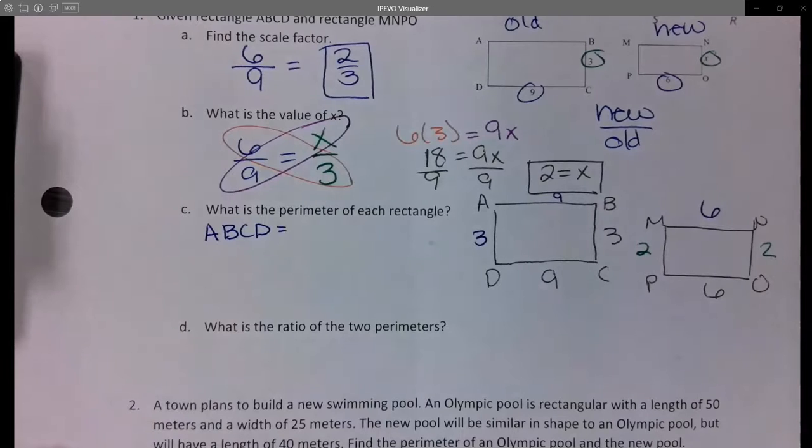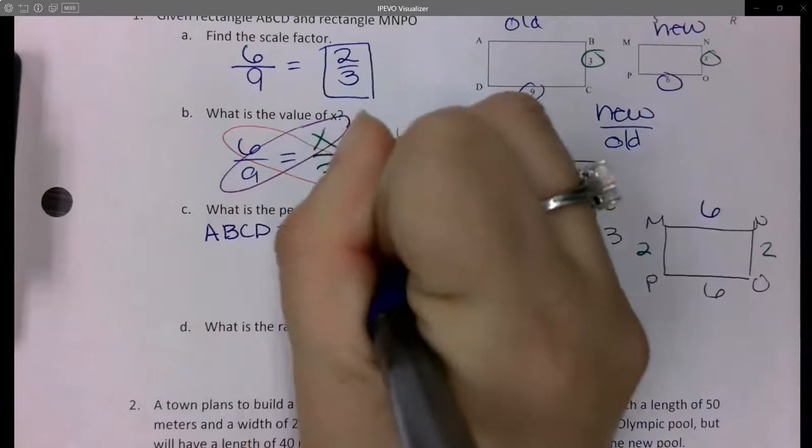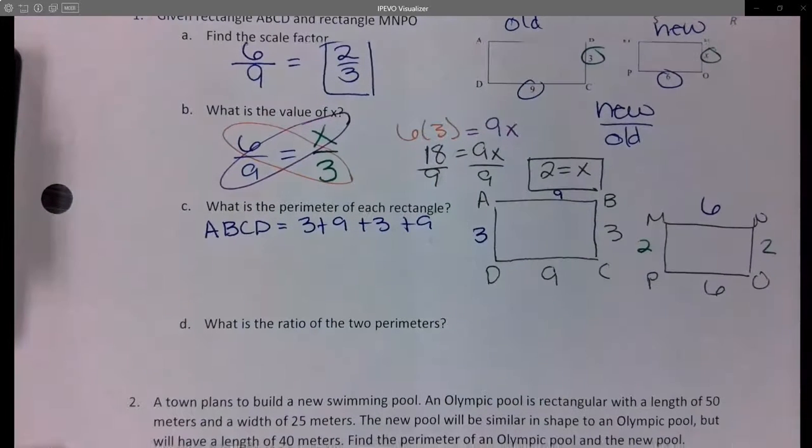So if I take a look at A, B, C, D, I want to go add up all 4 of those sides. I'm going to have 3 plus 9 plus 3 plus 9.